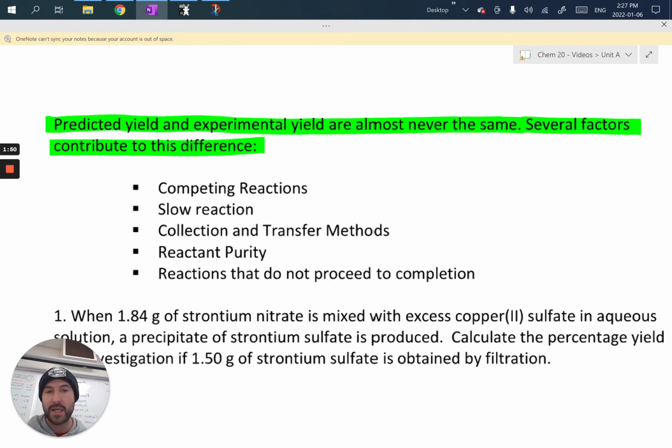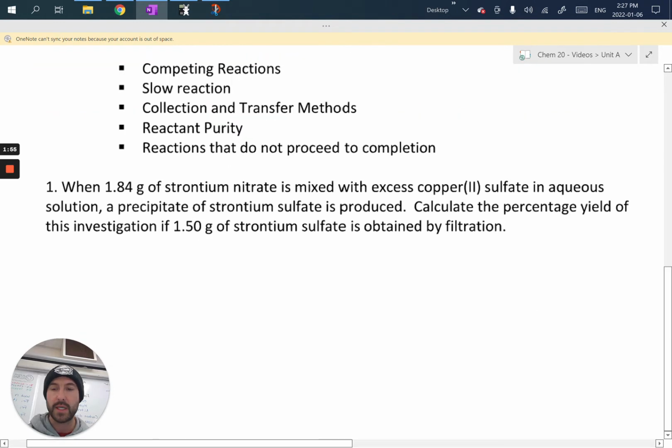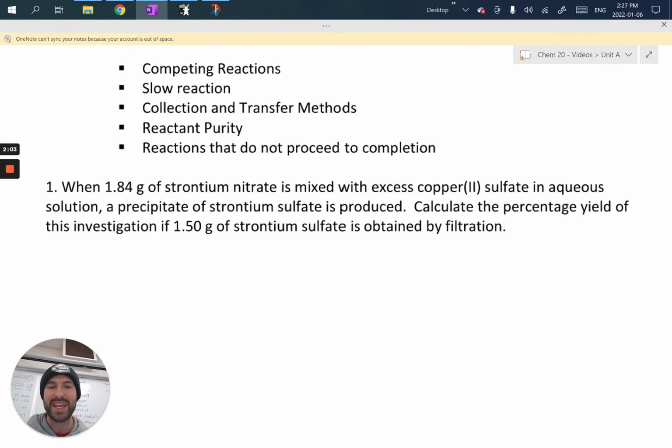So let's pretend that we're doing this experiment. This is an example from your workbook. Here's the question. It says when 1.84 grams of strontium nitrate is mixed with excess copper 2 sulfate in a solution, a precipitate of strontium sulfate is produced.